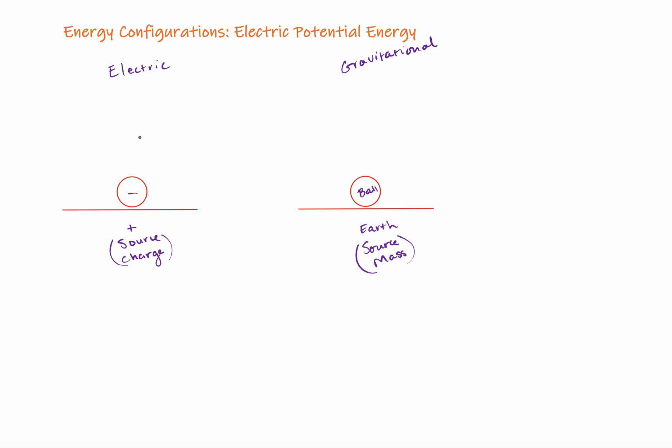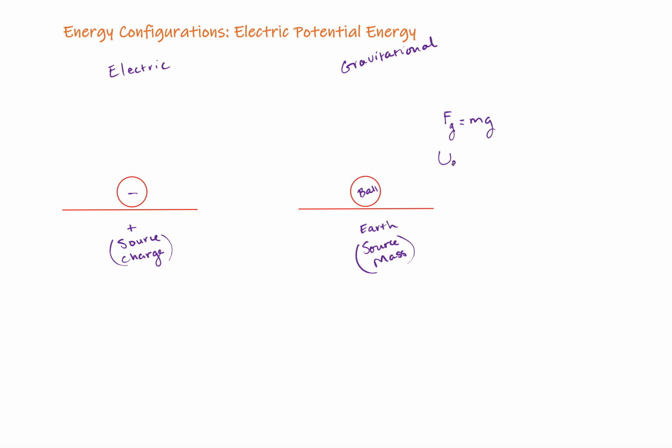Now, we know that gravitational force and gravitational field have a relationship to one another, right? So we know that equation is true. In this case over here, the ball is in its lowest energy state.